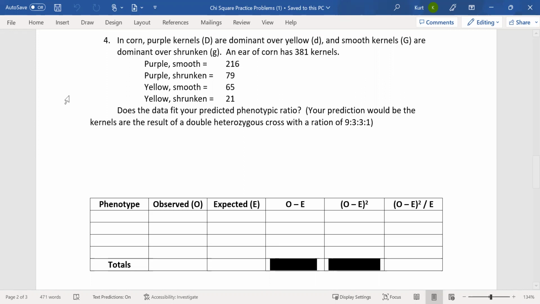In corn, purple kernels are dominant over yellow, and smooth kernels are dominant over shrunken. An ear of corn has 381 kernels. These values here are your observed quantities.